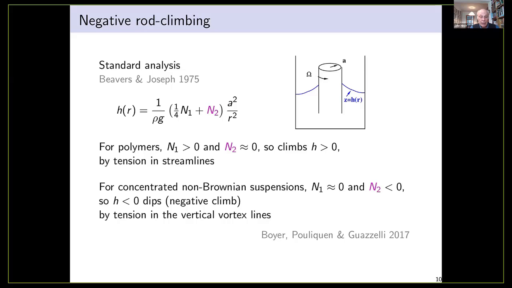So it's not rod climbing, it's negative rod climbing or rod dipping. And this is caused by tension: N1 gives you tension in the streamlines around the rod, this N2 gives you tension in the vertical vortex lines. Some work by Elizabeth Guazzelli's group.